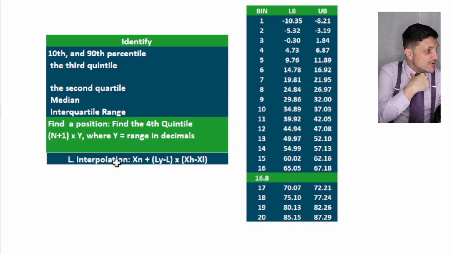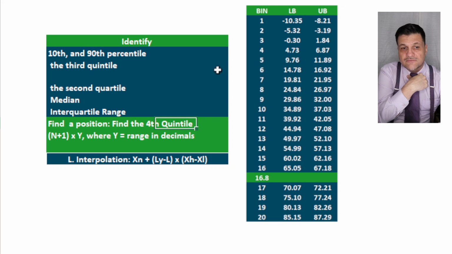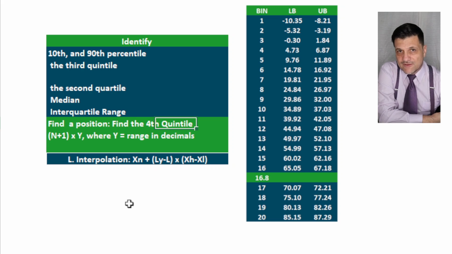The other type of question you could get is the location. For example, find the position of the 4th quintile. Where is the 4th quintile on this list? The 4th fifth, 4 divided by 5, is 80%.